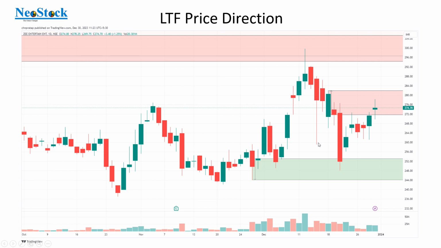So always understand the LTF price direction for planning your trade in advance, well before, so you get ready. Once you plan, maybe after 2 or 3 days, prices might reach that zone, so that you know whether to accept the trade or not well in advance.